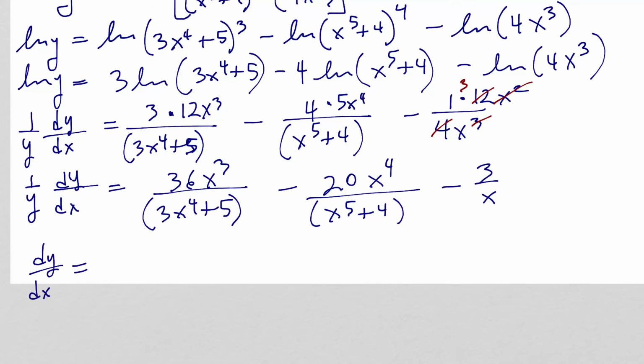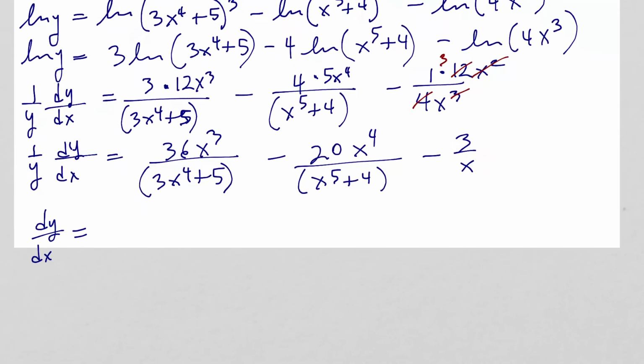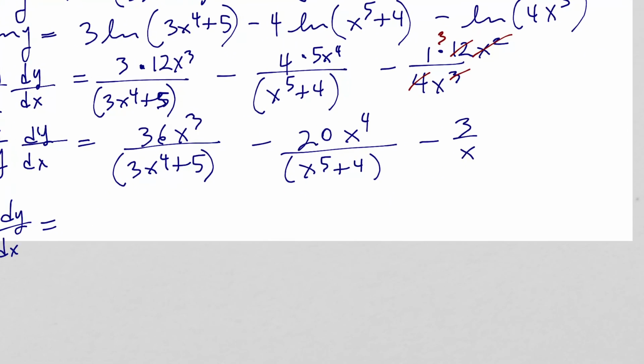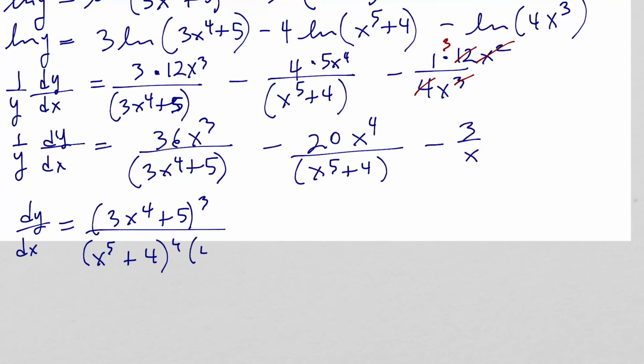So my y is the original equation we were given on the right-hand side. So my y is (3x^4 + 5)^3 over (x^5 + 4)^4 times 4x^3.